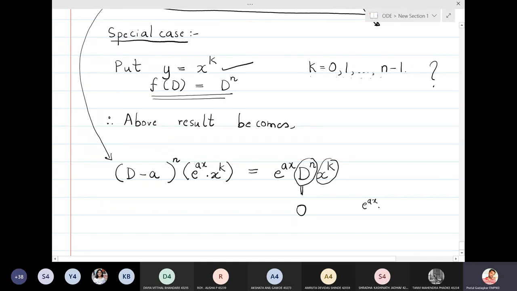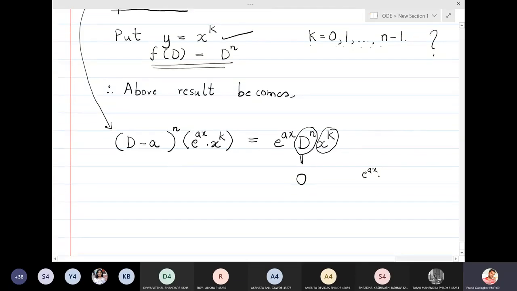If I ask you what is the fifth derivative of x cube? This is like asking for a higher derivative of a smaller power. We know that the derivative of x cube is 3x square. Its derivative again will become 6x. Again if you find the derivative it will become 6. And again if I find the higher derivative, it will become 0.